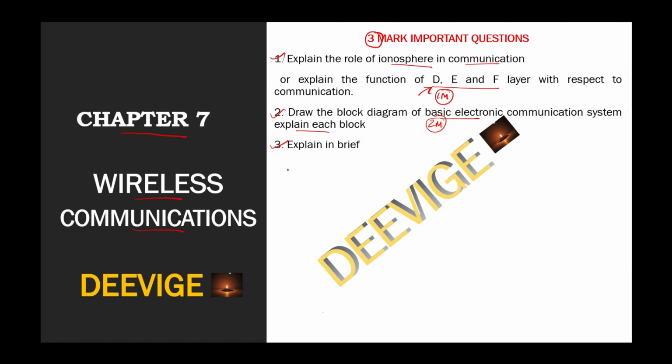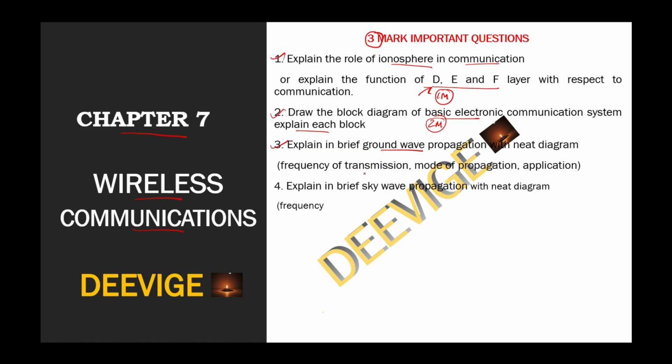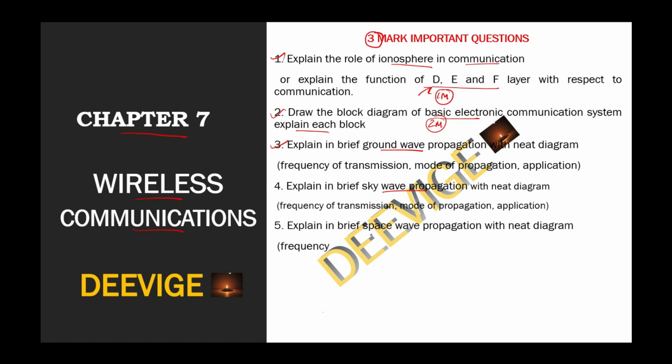Then the next question is, explain in brief the ground wave propagation with neat diagram. Or the next question will be, explain briefly sky wave propagation. Similarly, explain in brief space wave propagation.